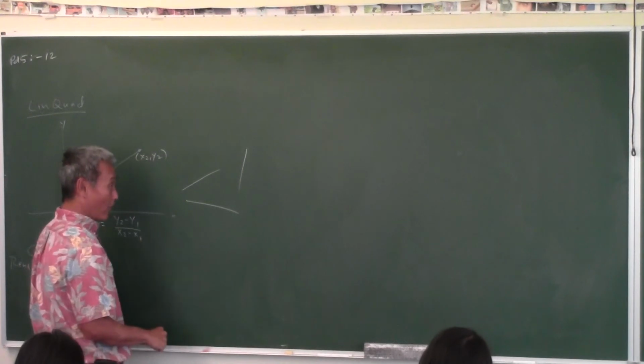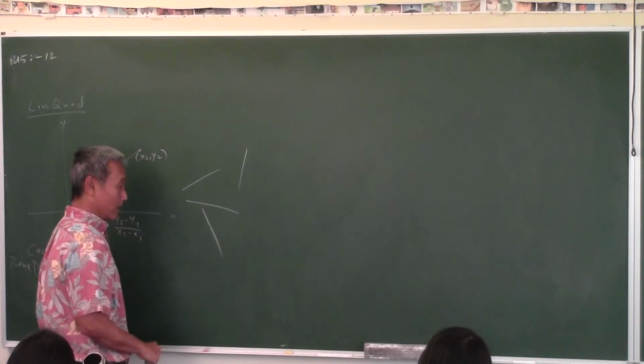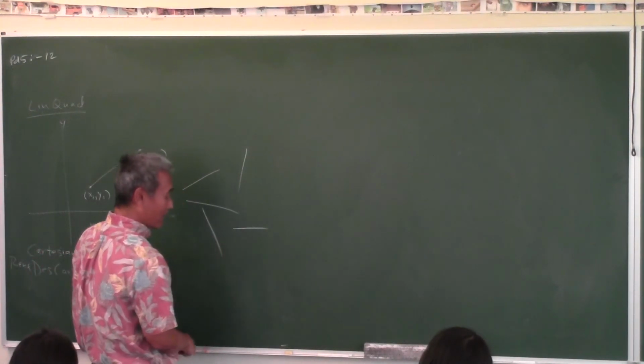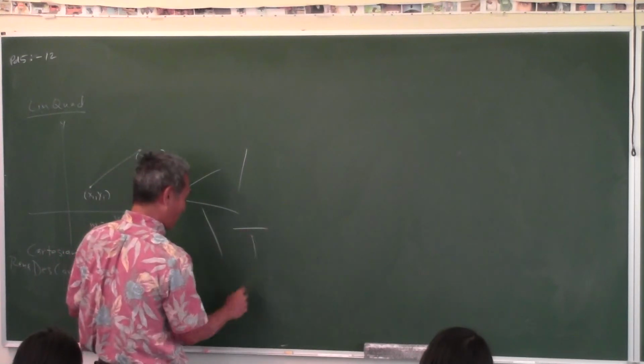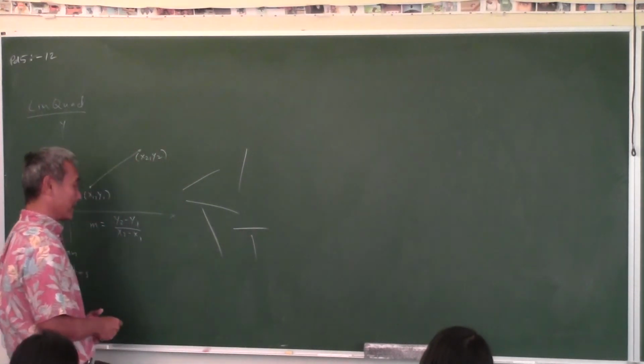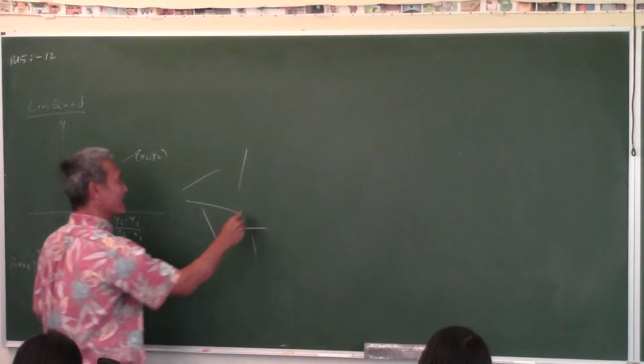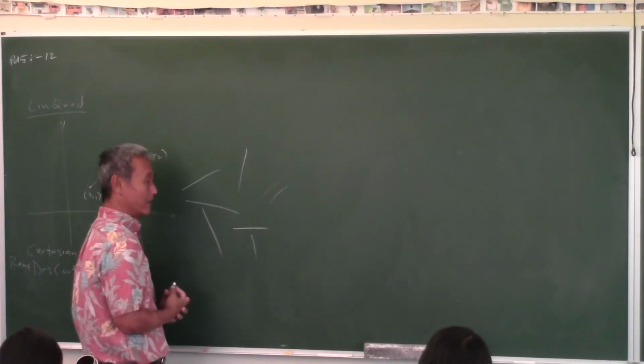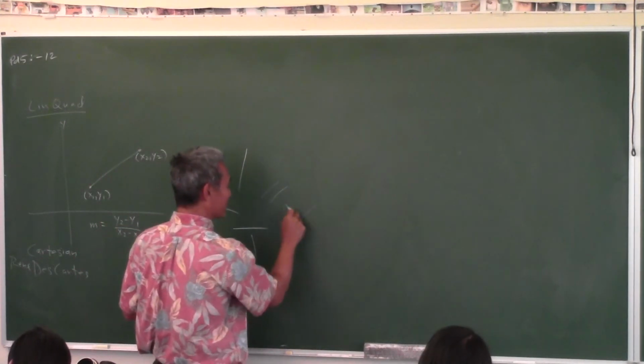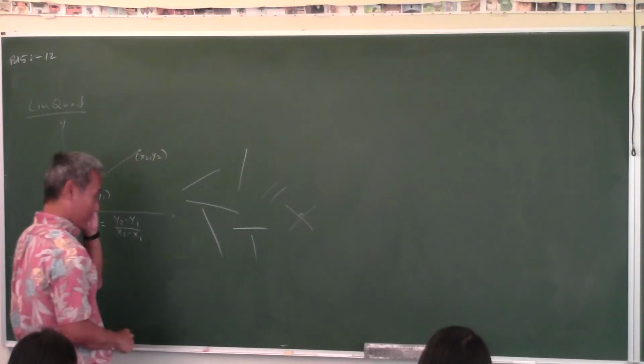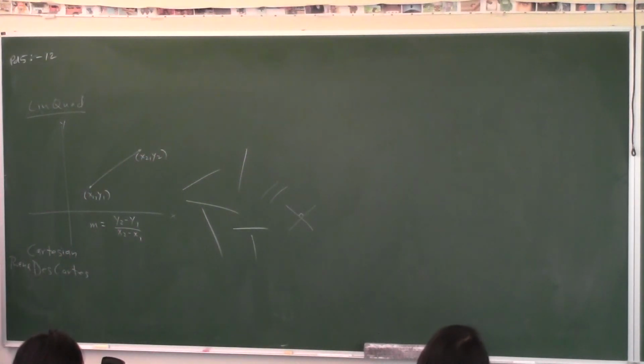What about -4? What kind of slope does a horizontal line have? 0. Vertical? Undefined. And how do you tell if 2 lines are parallel? They have the same slope. How do you tell if 2 lines are perpendicular? Negative reciprocals. So yes, those are the basics about slope.